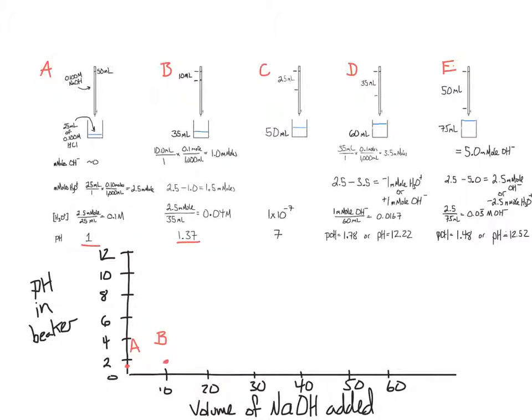After we added 25 milliliters, we calculated the pH to be 7. Then after 35, the pH was 12. And after 50, the pH was 12.52. If you made more measurements throughout the course of the experiment, you would get a titration curve that looks like this.